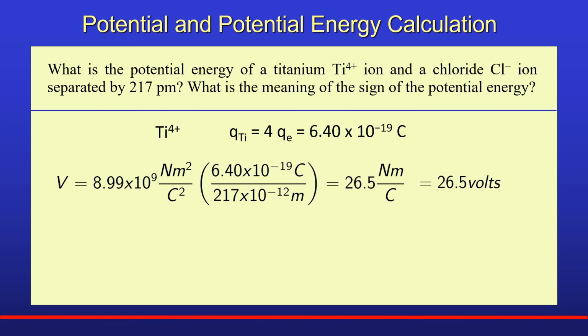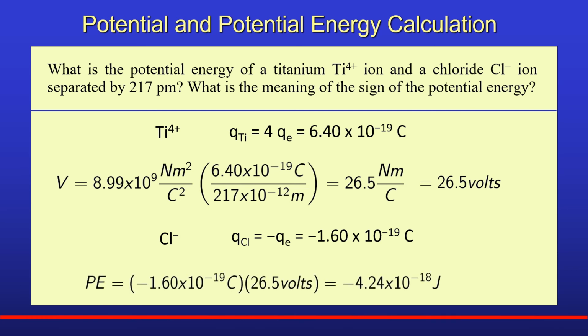To calculate the potential energy, we bring the chloride ion to that distance, 217 picometers, from the titanium ion. We have to get the charge of the chloride ion. It has gained 1 electron, so it's minus the elementary charge, minus 1.6 times 10 to the minus 19 coulomb.